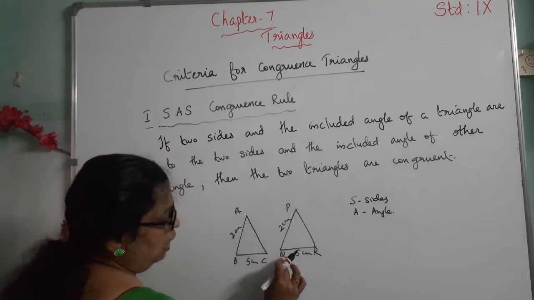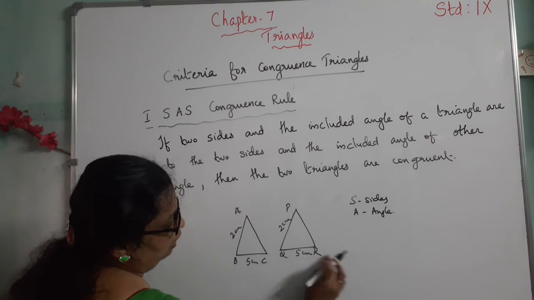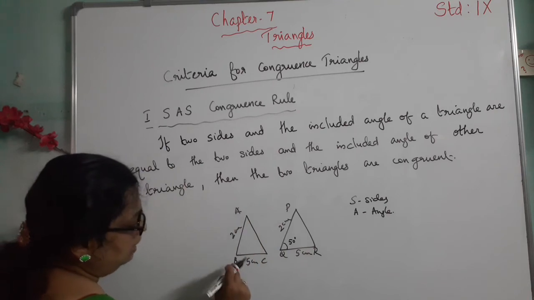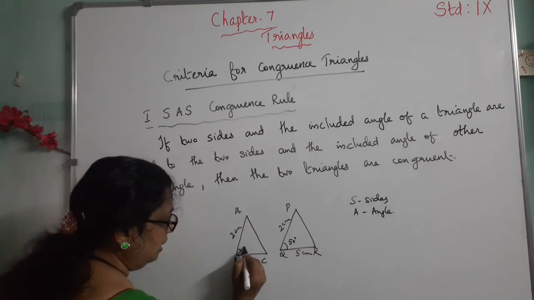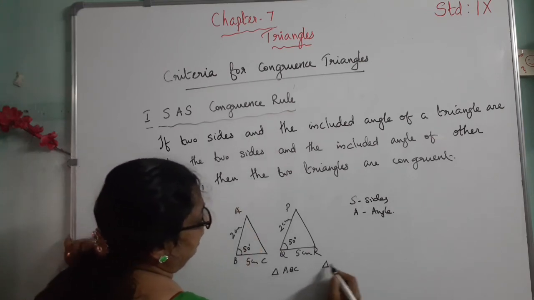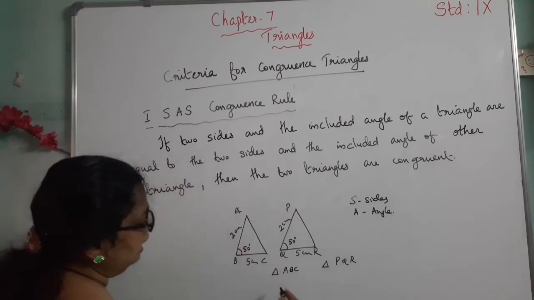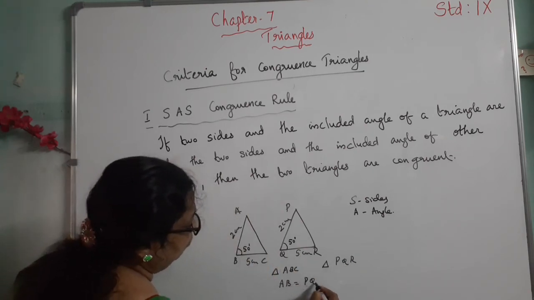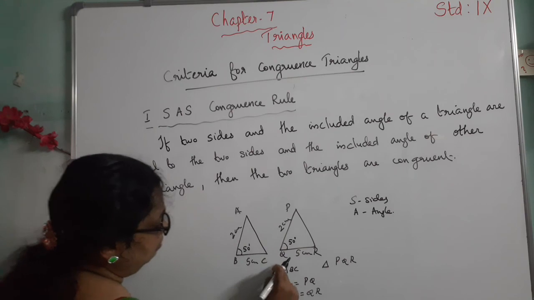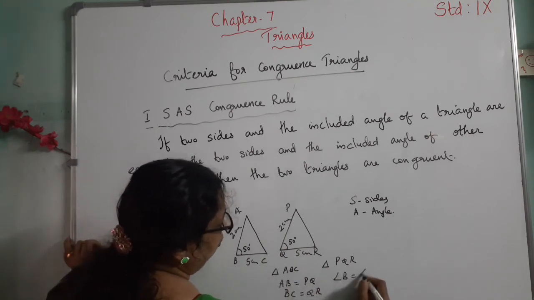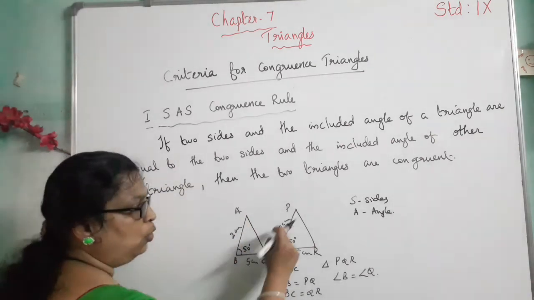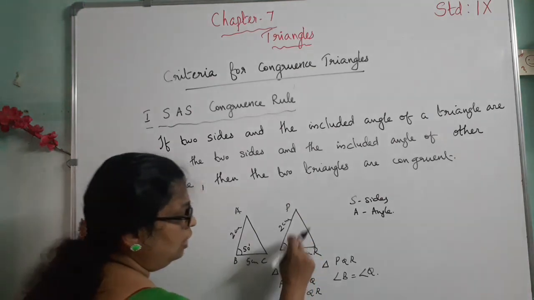For sides PQ and QR, the included angle is Q. Here it is 50 degrees. Then for AB and BC, the included angle is B. Here also 50 degrees. So in triangle ABC and triangle PQR, AB equal to PQ, BC equal to QR, and angle ABC, that is angle B, equal to angle Q. That is, two sides and the included angle of ABC are equal to two sides and the included angle of PQR.